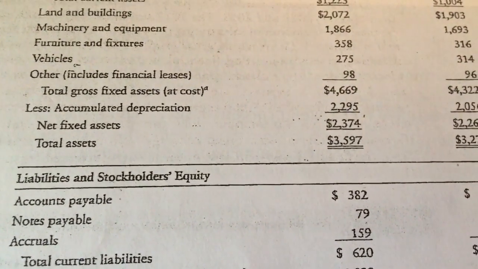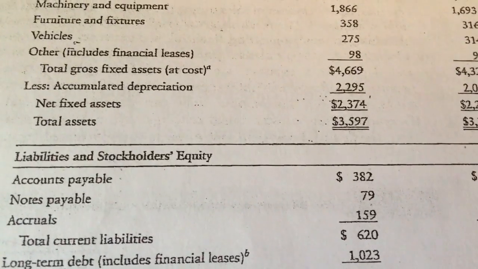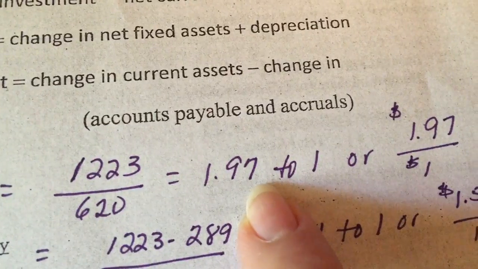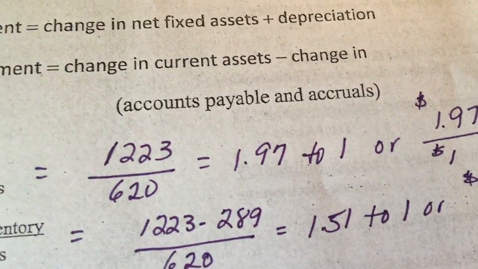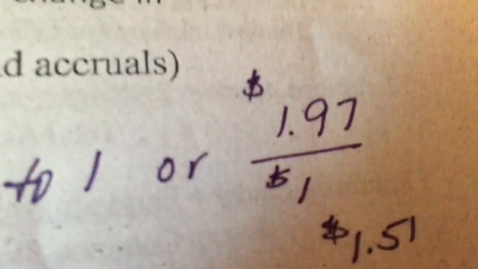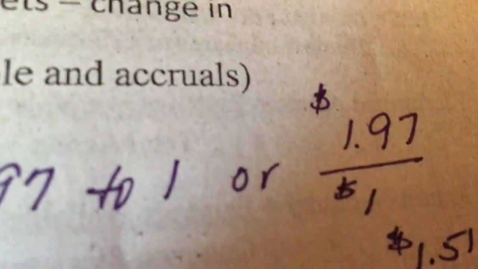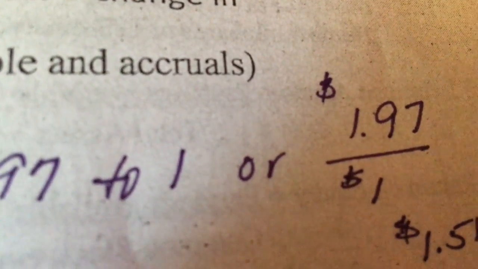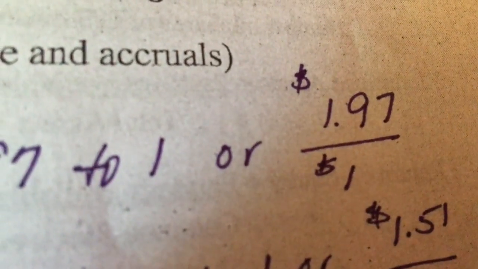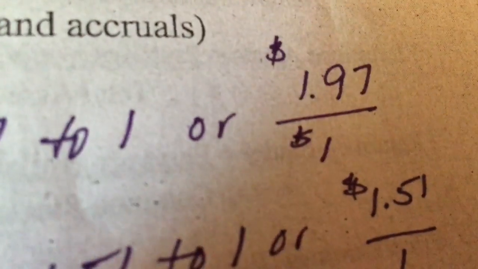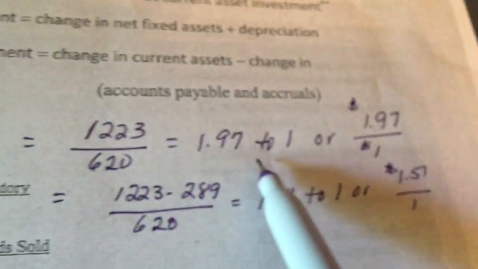So the first measure is how quickly we can take our current assets and pay off those current liabilities. 1.97 to 1 is what that number represents, and basically that means we can pay off our current liabilities almost twice, and that's very good. Or it's $1.97 in current assets for every $1 in liabilities. So a measure of 2 to 1 is very good here.